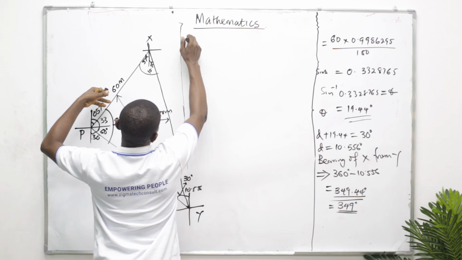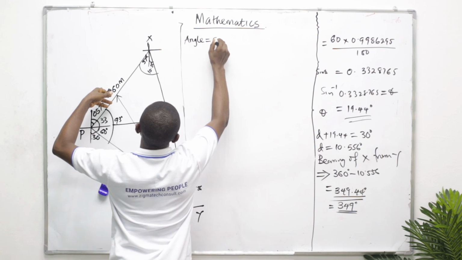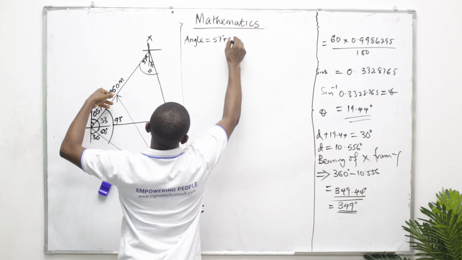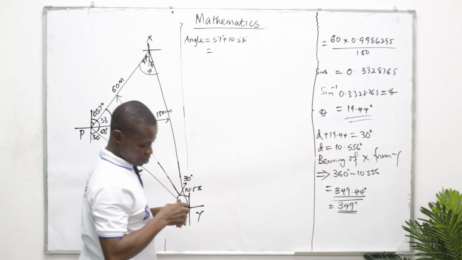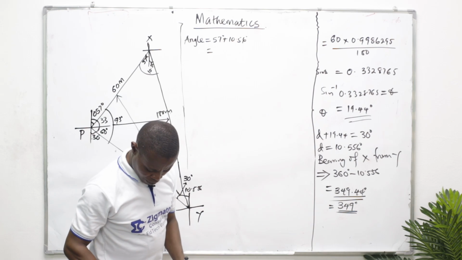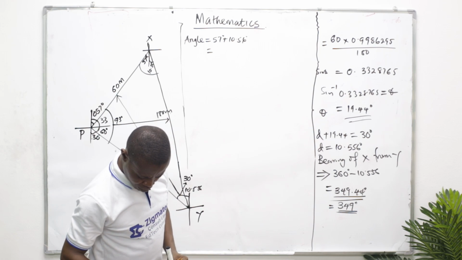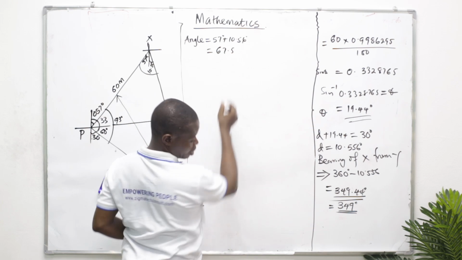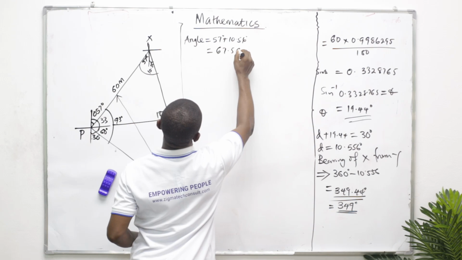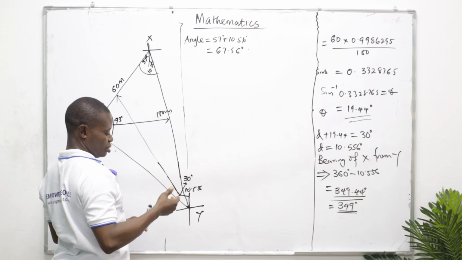So read theta now, or the real angle for usage, equals 57 degrees plus 10.56 degrees, to give us 67.56 degrees. And if you watch, our theta is less than 180.